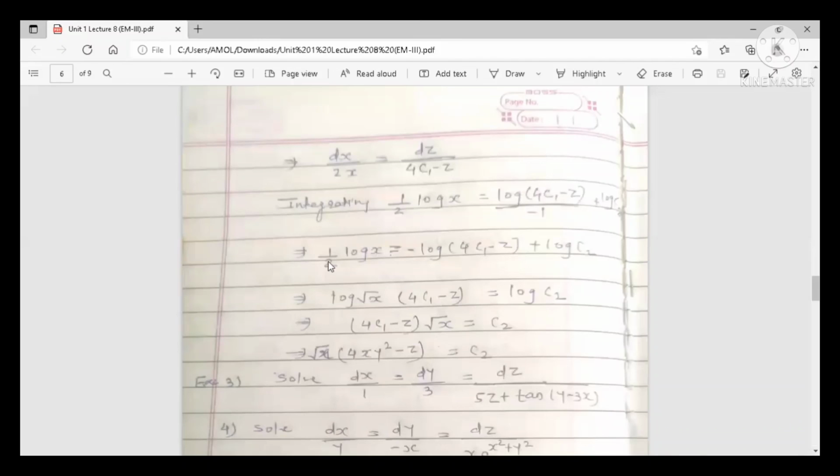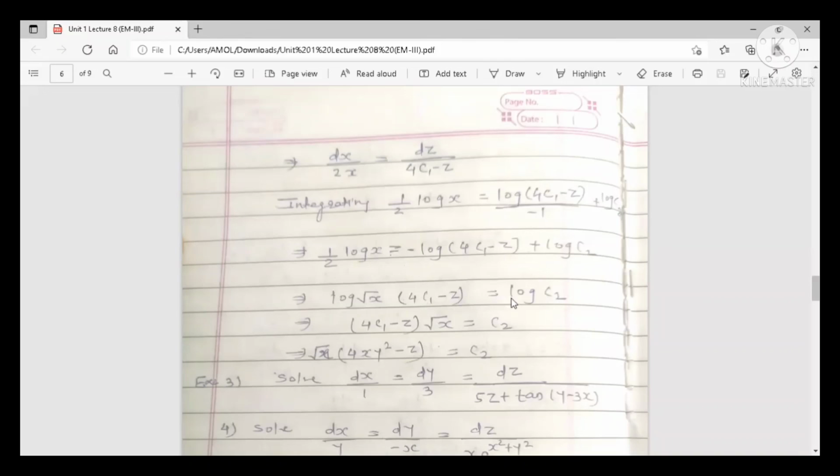So 1 by 2 log x is equal to minus log of 4c1 minus z plus log of c2. So it is log of root x, writing 1 by 2 as a power of x. Log of root x plus log of 4c1 minus z, since log a plus log b is log of a into b, is log of root x into 4c1 minus z, equal to log of c2.